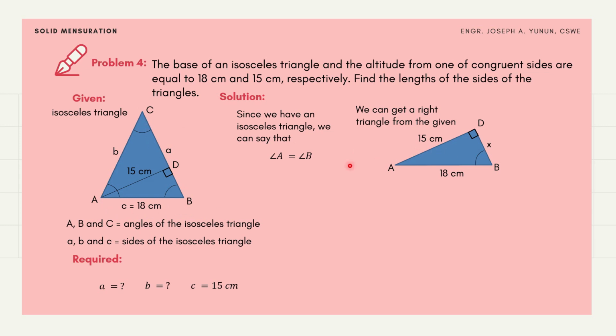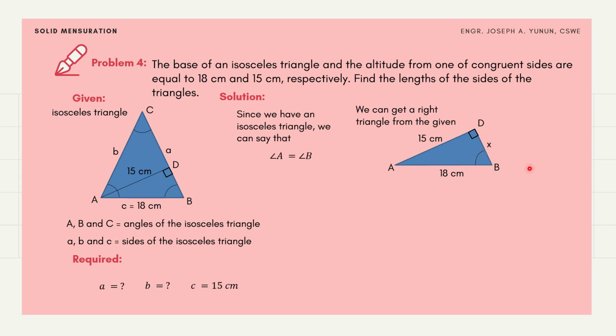Now, since I have already gotten this from this given figure, I just represent this as a new variable. So for this particular variable, I have placed x for the unknown side. Based on that given, you can determine x, side DB or BD, and also probably the angle. You can determine the angle using a trigonometric function.